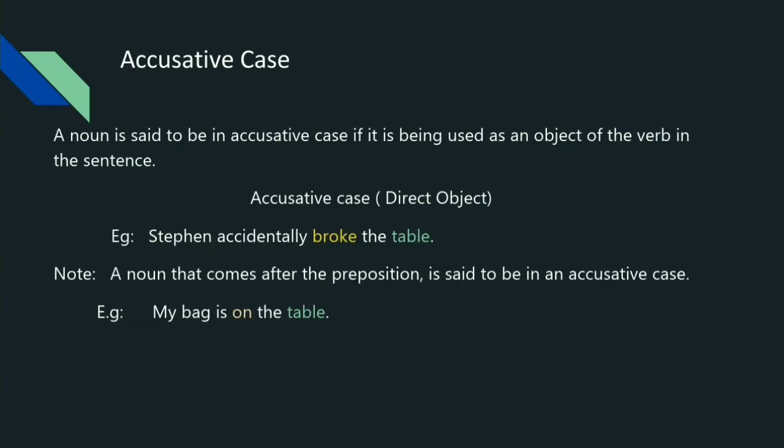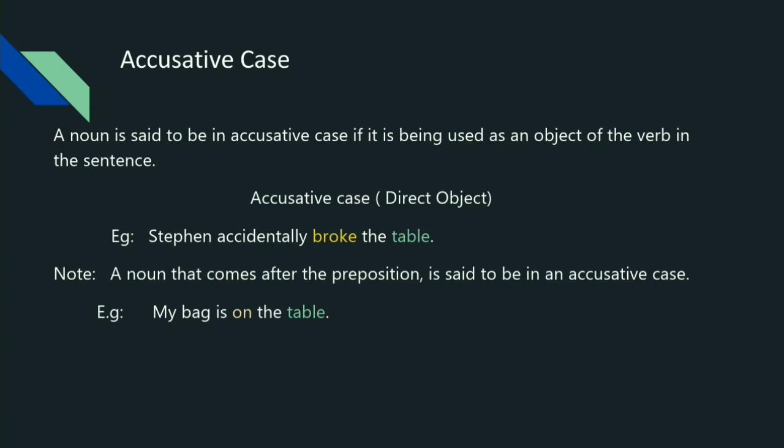Now moving towards the second one, which is accusative case. Well, talking about accusative case, I would say that a noun is said to be in an accusative case if it is used as an object of the verb in a sentence.